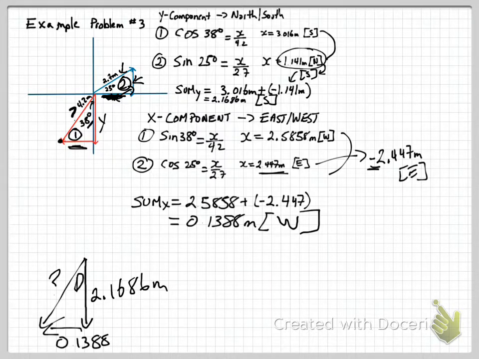So I'm going to let you try to figure that out yourself. Again, we're using Pythagorean theorem, and then we are also going to use trigonometry to figure out that angle.